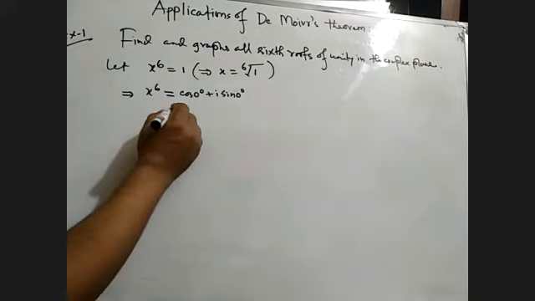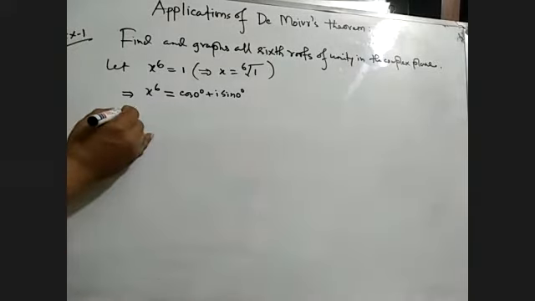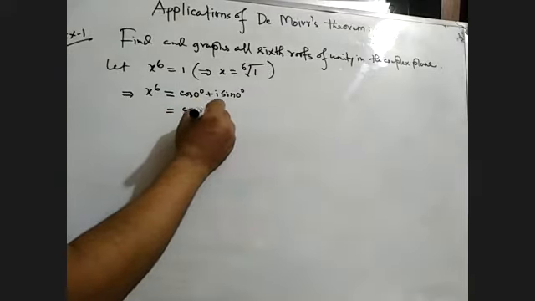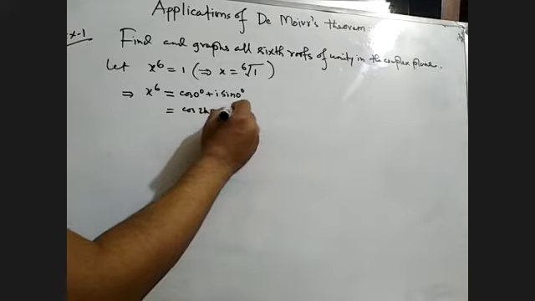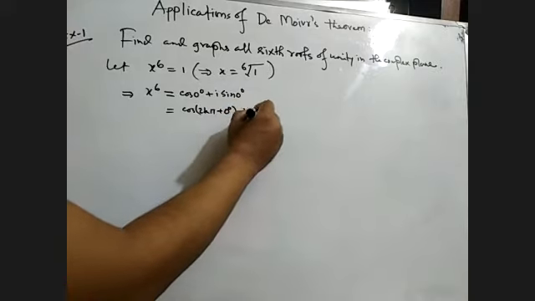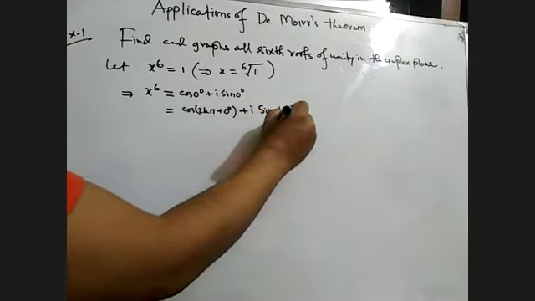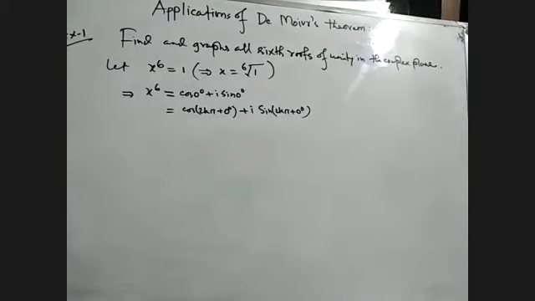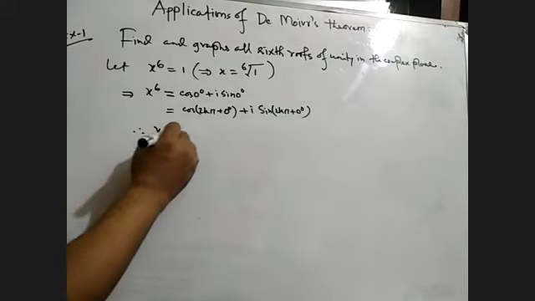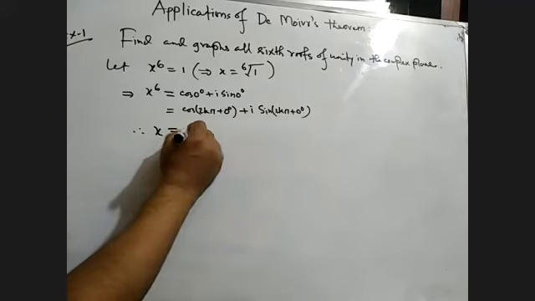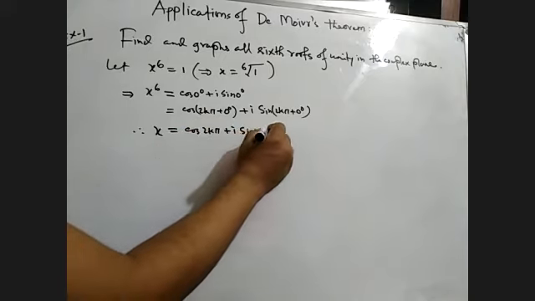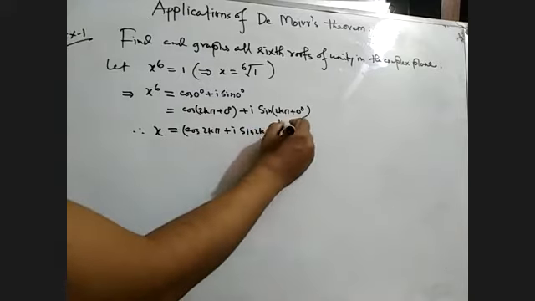And this can be written as cos(2k pi + 0 degrees) + i sin(2k pi + 0 degrees). So therefore, x can be written as (cos 2k pi + i sin 2k pi) to the power 1 by 6.